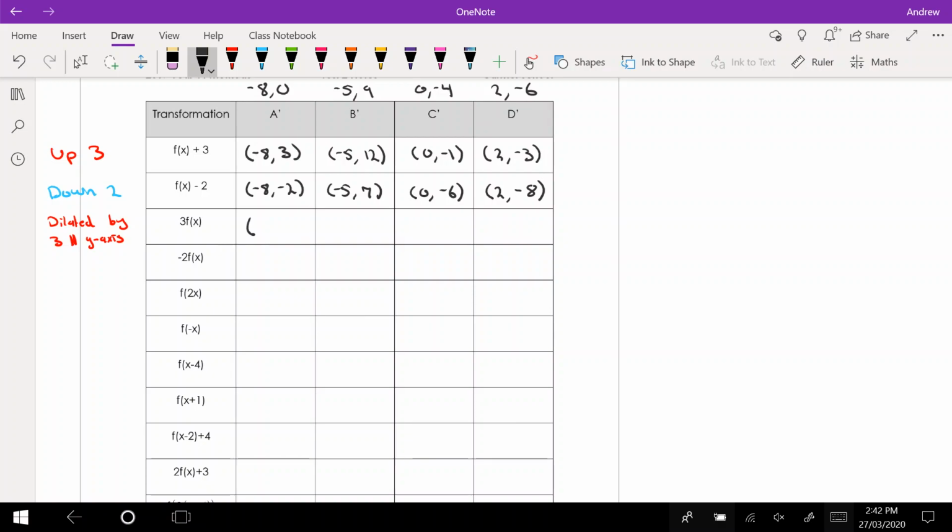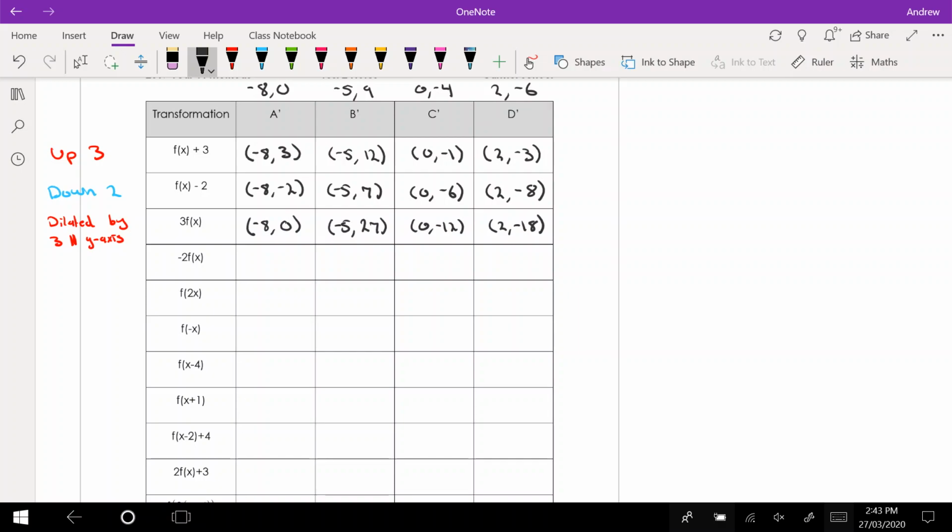I'm timesing the y coordinates, yeah. So it's -8, and what's 0 times 3? 0. X is going to stay the same here, and that will now be 27. 0, -12, and 2, -18. Because I'm just changing all of my y coordinates by a factor of 3.